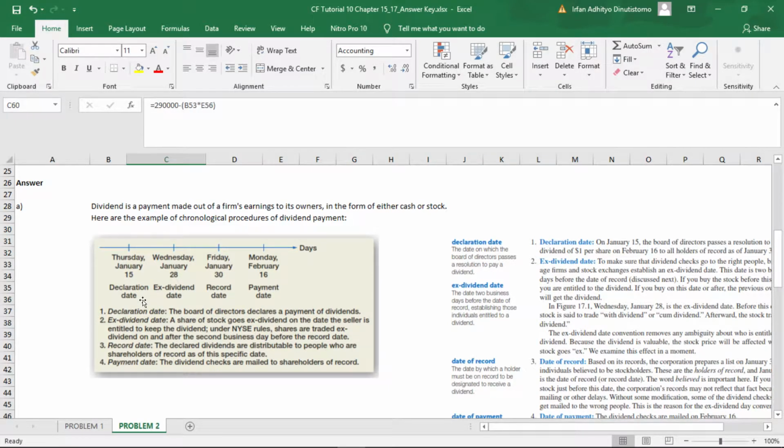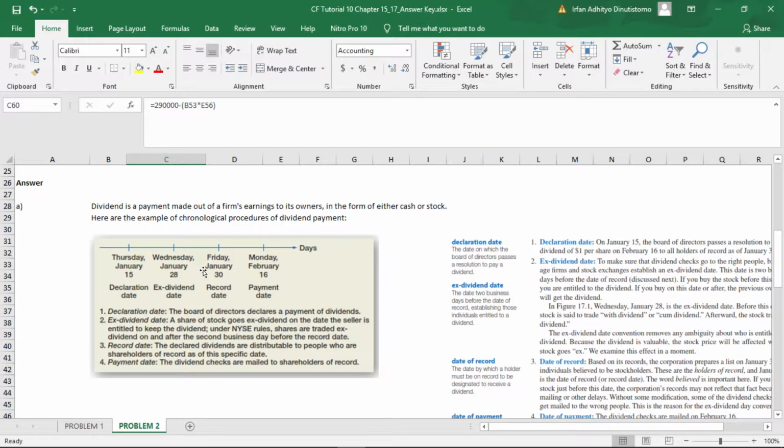So for example, if the declaration date is on January 15 and the record date is January 30, in order for me to gain the dividend paid out by the firm, I need to buy the stock on January 27.